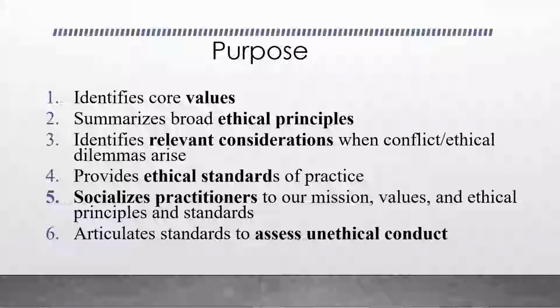So the purpose of the Code of Ethics is to identify and kind of summarize our core values. It summarizes our broad ethical principles and identifies relevant considerations when there are conflicts between ethical ideas or when ethical dilemmas arise. So the broad ethical principles, there isn't really a hierarchy necessarily to them, and so sometimes they come into conflict with each other.